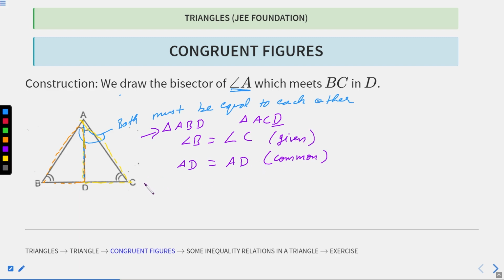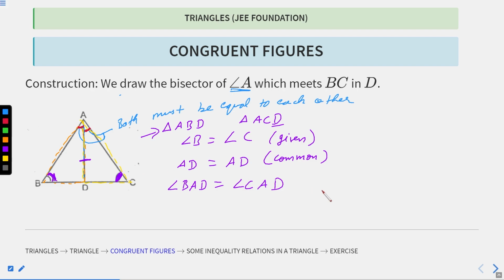Now what I have is another piece of information: the angle BAD is equal to angle CAD. I know this angle is equal to this one. Yes, indeed, this is true, and this side is common, and this angle is equal to this angle.